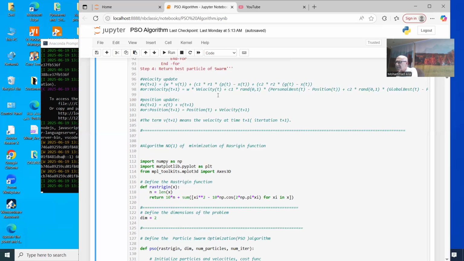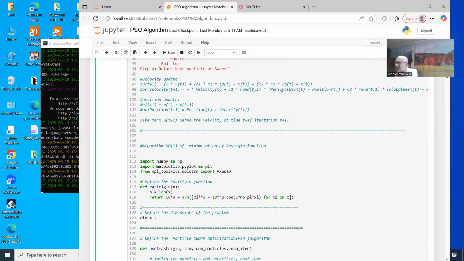It is equal to the current velocity of t multiplied by the weight, the inertial coefficient, plus C1 multiplied by R1. R1 is a random value between 0 and 1. Both are multiplied with the difference between the personal best and the current position. Add to that the social term, which is C2 multiplied by R2. Normally we take R2 and R1 the same, multiplied by the difference between the global best and the current position.